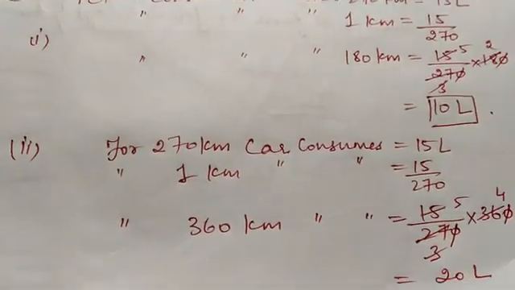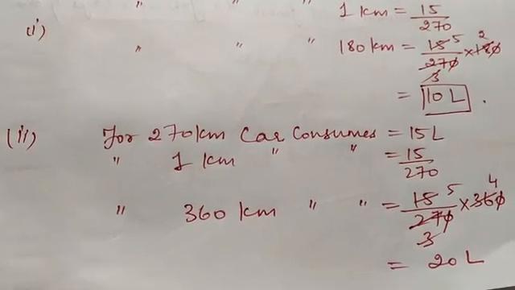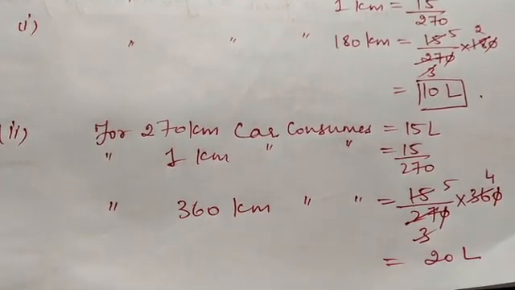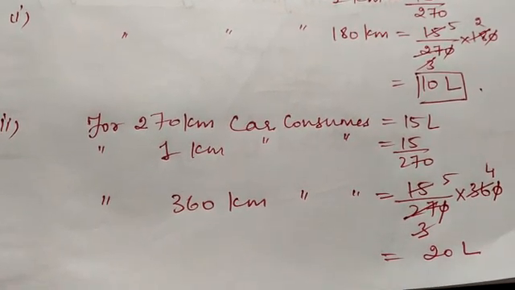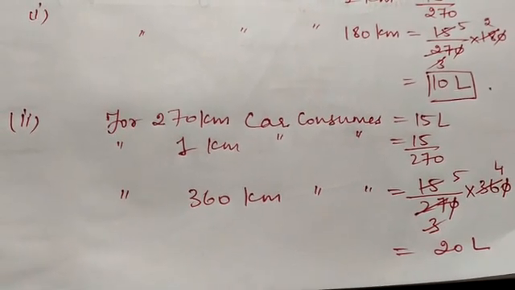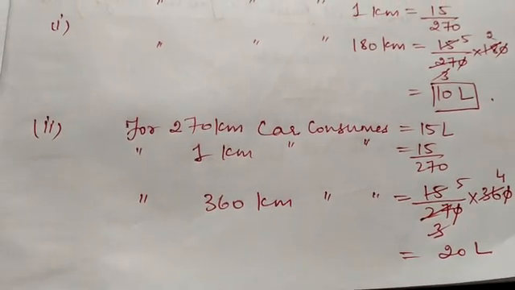See, the same way, in the first sentence it was given 270 kilometers require 15 liter. So 1 kilometer requires 15 upon 270. Now the question is asking for 360 kilometer. So 360 kilometer requires 20 liters.